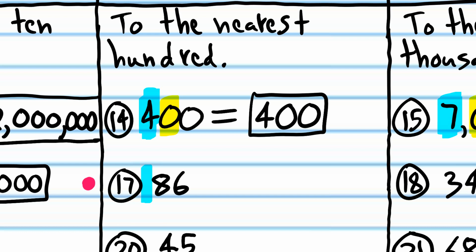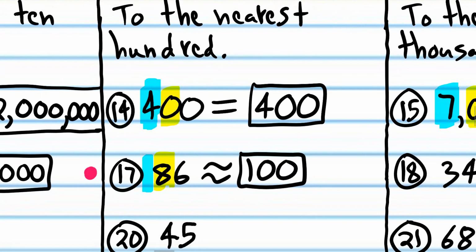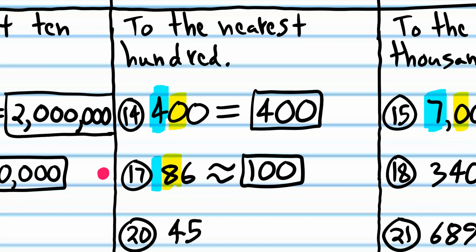So we look to the number to the right, and obviously 8 falls in the category of 5 or above, so we round up. If this number is considered to be 0, then we just round it up to 1, and the yellow number and all numbers to the right of it go to 0. So that problem was a little different because we had a number that was non-existent, so we just considered it to be 0, and we raise it up to 1.